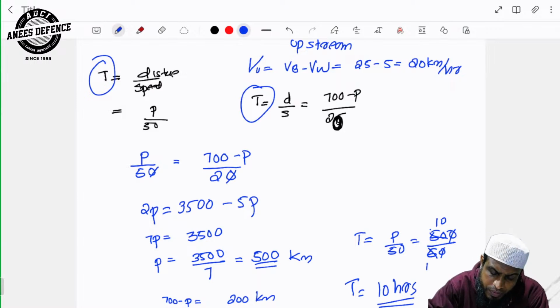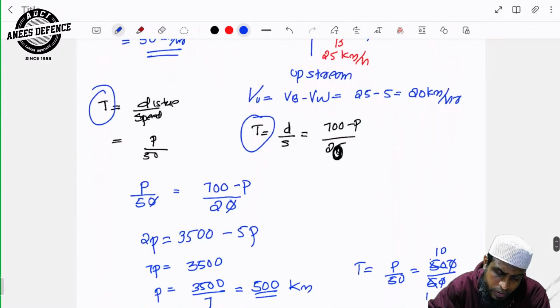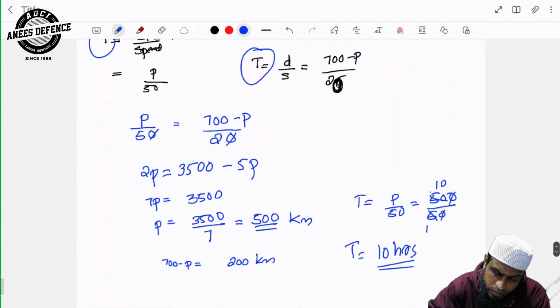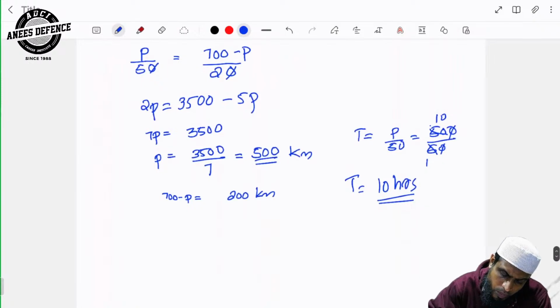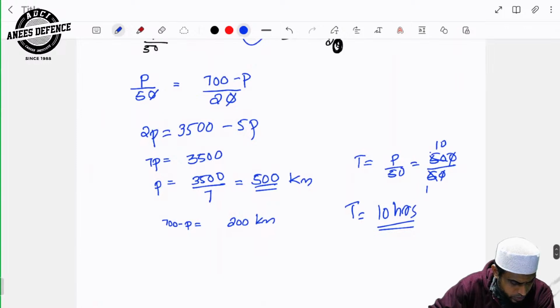Because both are traveling, one downstream and the other upstream, P by 50 equals 700 minus P divided by 20. So 3500 by 7, 500 kilometers, and T equals 500 kilometers divided by 50. So after 10 hours, they will meet.